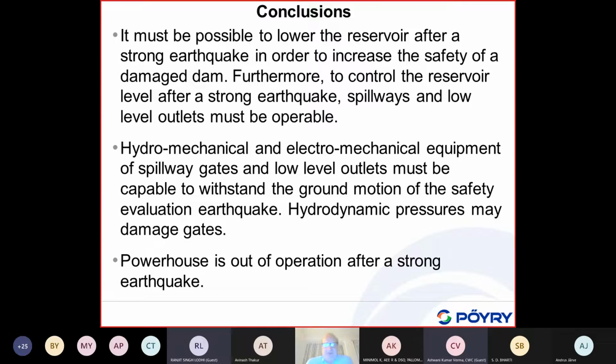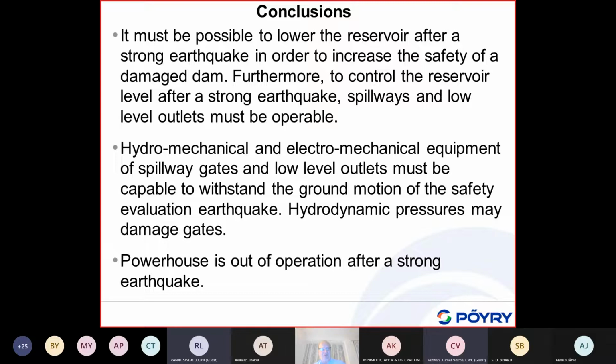The next point, it must be possible. It is important, I must say, this is again a word for low level outlets. It must be possible to lower a reservoir after a strong earthquake in order to increase the safety of the damaged dam, because it is clear if you lower the reservoir, the water load on your dam will be decreased, and therefore the structural safety, or let me say the stresses within, will decrease.